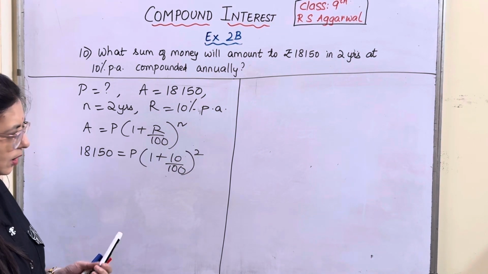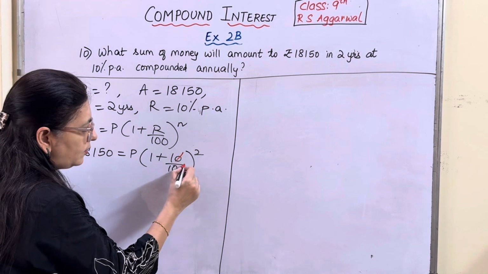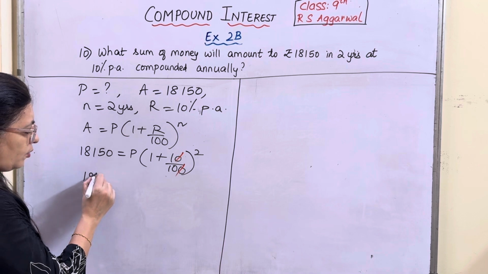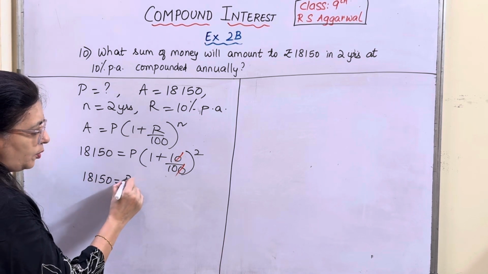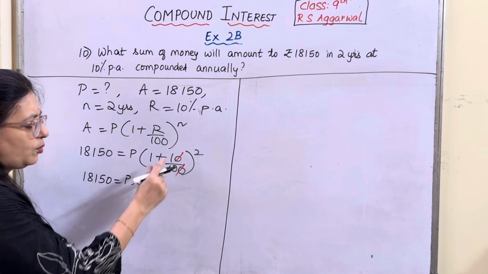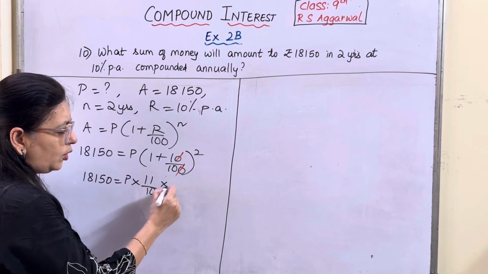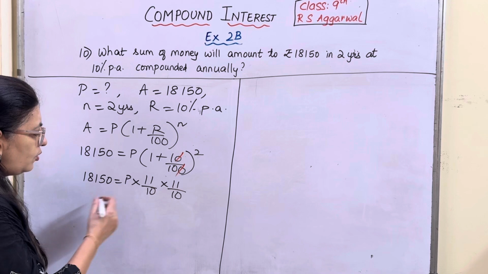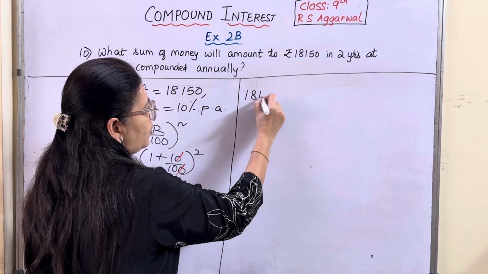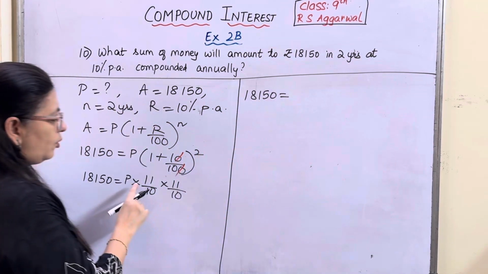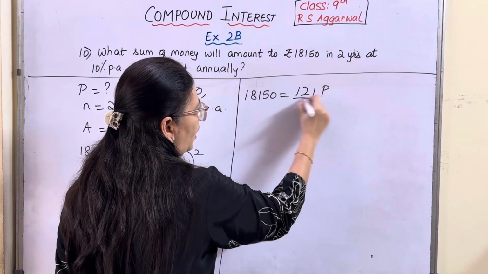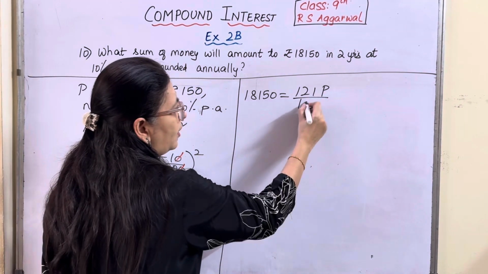Okay. Come on, now cut this 0 0. Okay. So now you will get 18,150 is equal to P into 10 plus 1, 11 upon 10 into 11 upon 10. Why? Because it is twice. Okay. So this will become 18,150 is equal to 11 into 11 is 121. P upon 10 into 10 is 100.